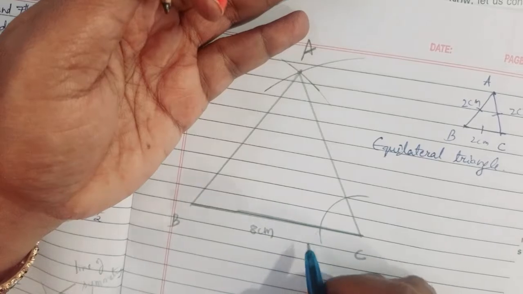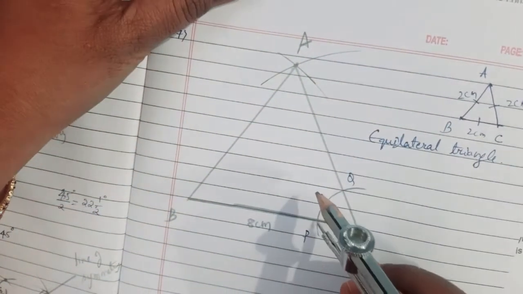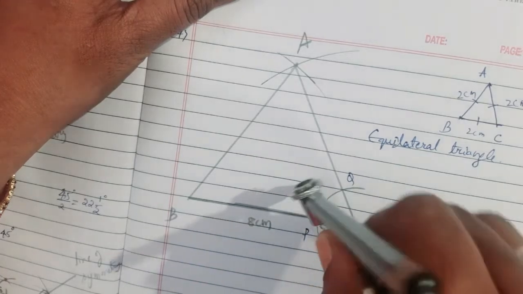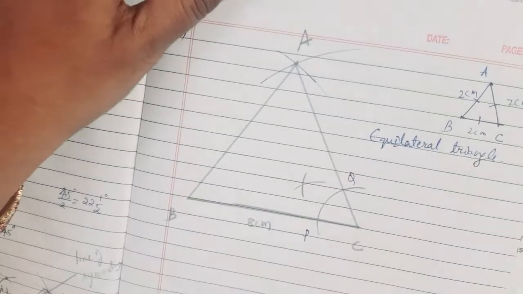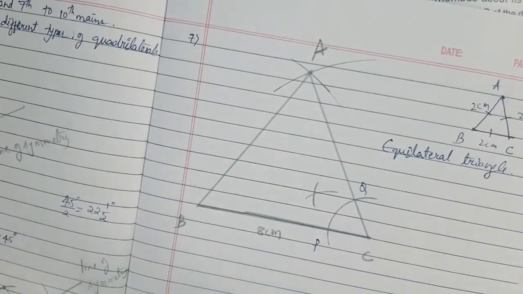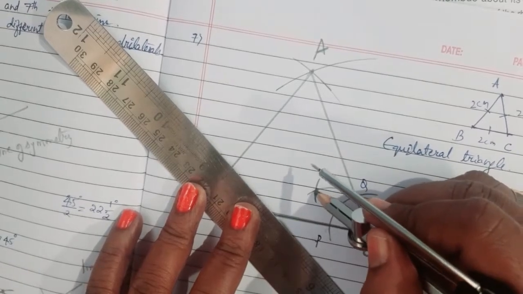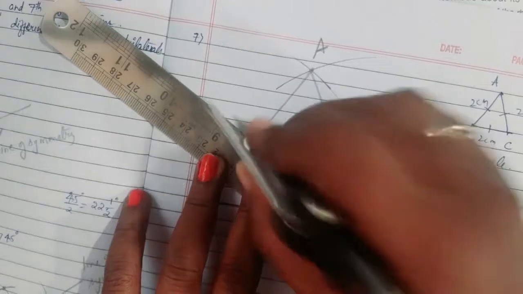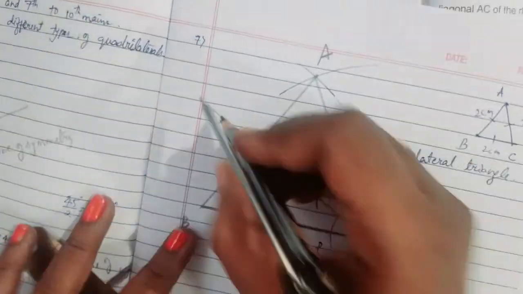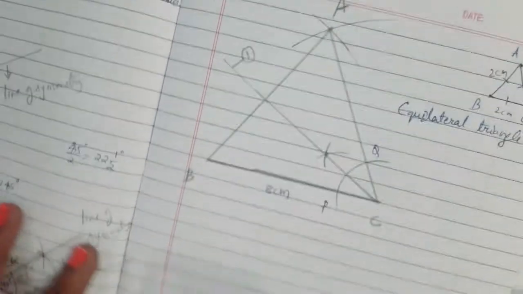Let these 2 points be P and Q. With point P, I am going to cut one more arc, and with the same measurement from point Q, I'll cut one more arc. These 2 arcs meet at a point. So highlight this point, and join it with point C and extend, children. So this is the first line of symmetry we get in an equilateral triangle.